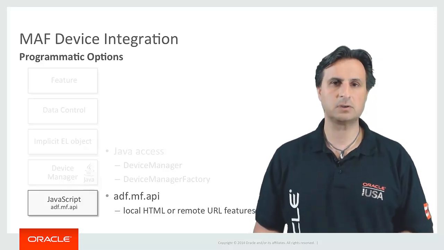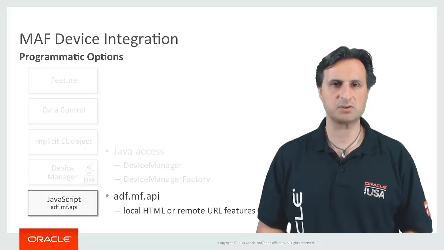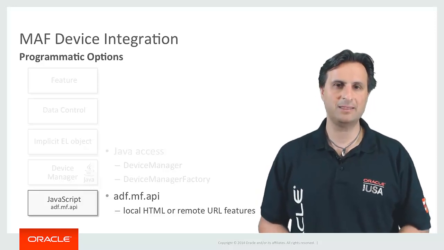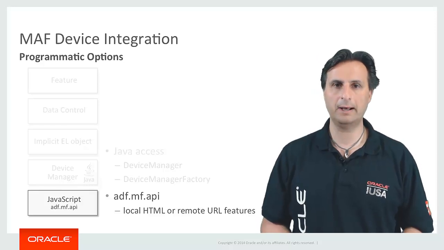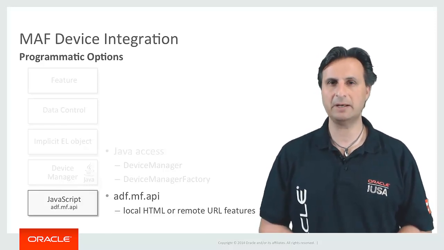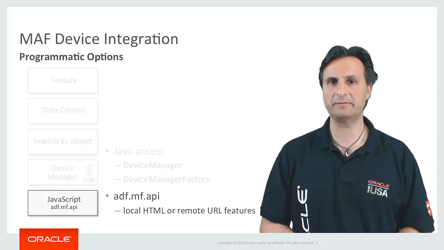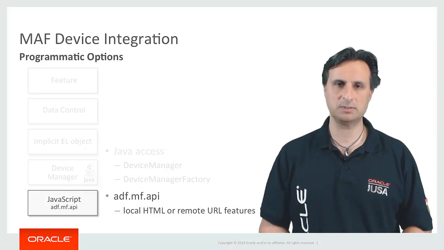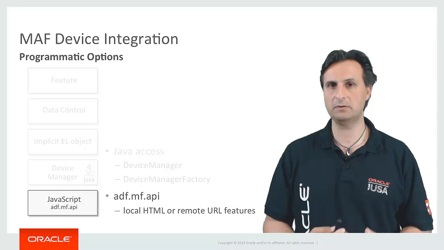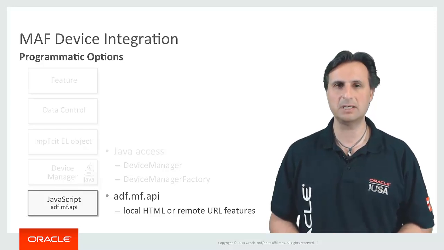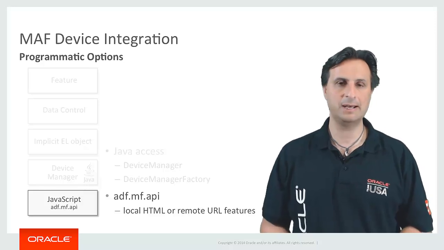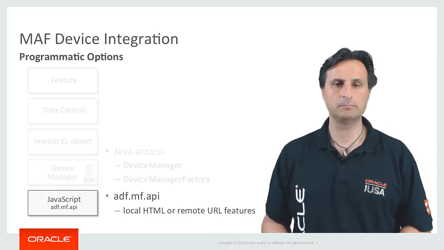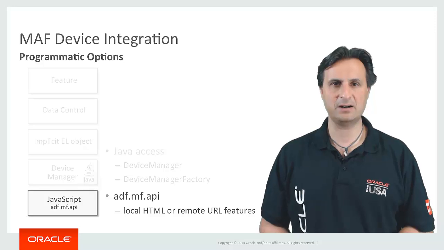The last topic to cover would be how to do the same with JavaScript, and here the JavaScript feature, most likely it's more what you will look for when you build local HTML features or remote URL features. For AMX, which is a primary feature that you would use if you go for declarative development, most likely the Java API plus the declarative options is enough. However, JavaScript is there as an option.